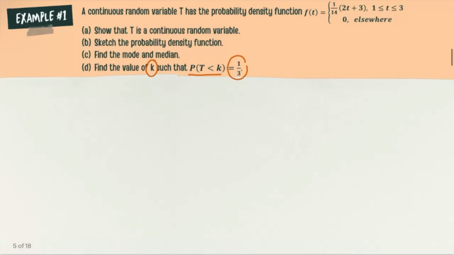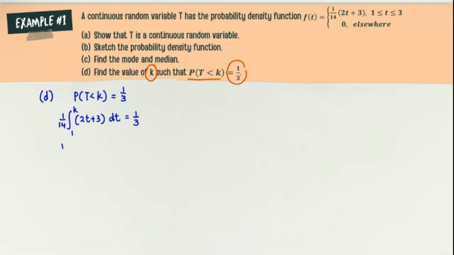Okay, so here it will be soalan D. So P of T less than K is equals to 1 over 3. So that means I'm going to integrate from 1 until K of 1 over 14 to T plus 3 dt equals to 1 over 3.